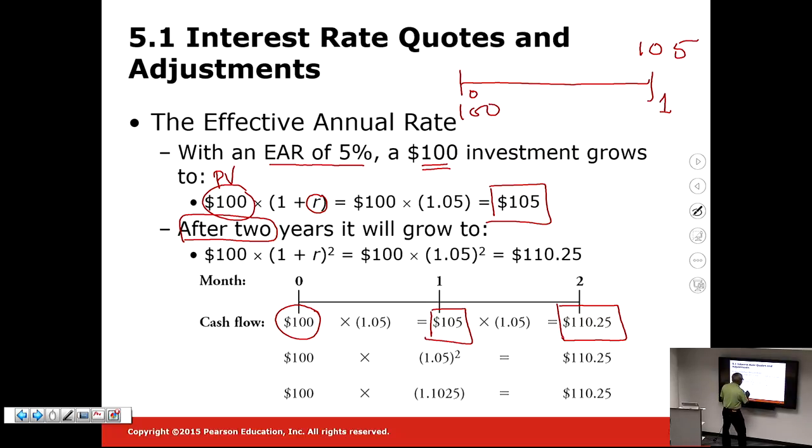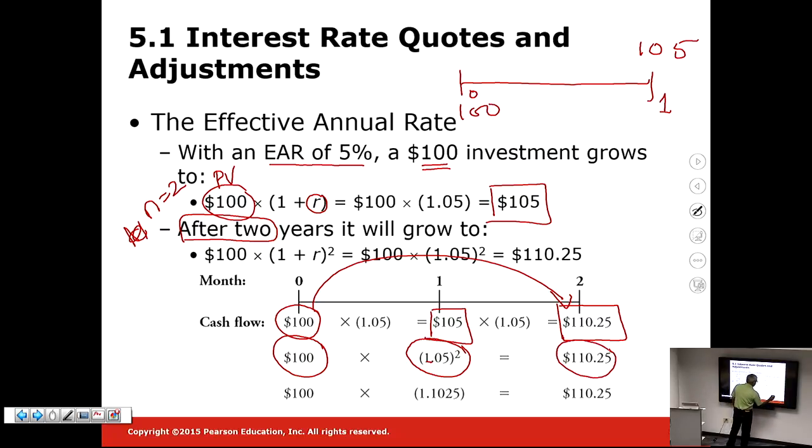So what's another way I could have gotten from here to here? By taking the present value and multiplying that by the discount factor, which is 1 plus r to the power n. N in this case is 2. And I would have gotten here. Another way I could have gotten from 100 to 110.25 is to multiply 100 with 1.1025.